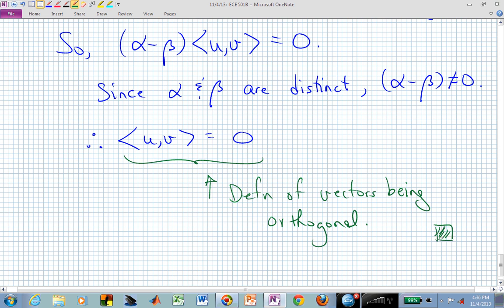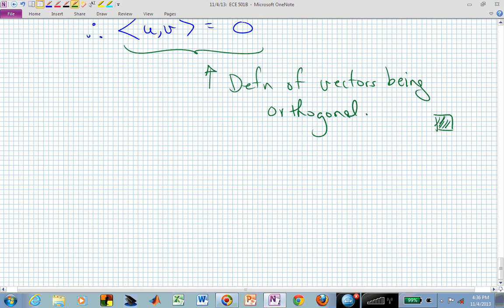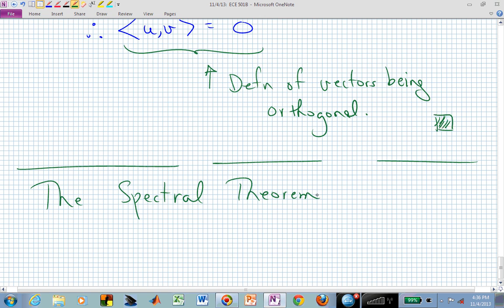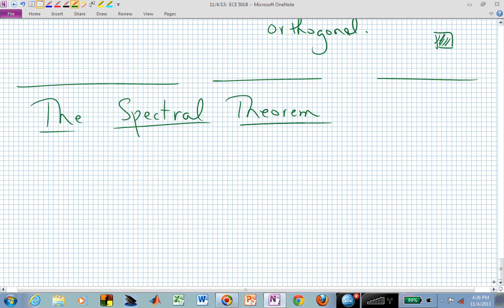But that result depends on T being normal. That was the first condition in that corollary. But now we have those results associated with operators being normal. Let's now look at the next result, which was sort of the end result that we were hoping for, and that is this spectral theorem. And this is actually allowing us to do quite a bit.